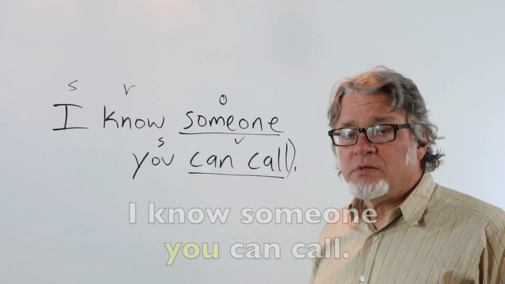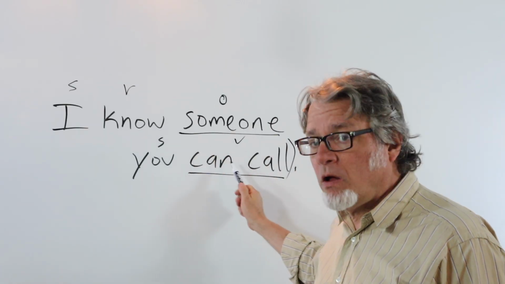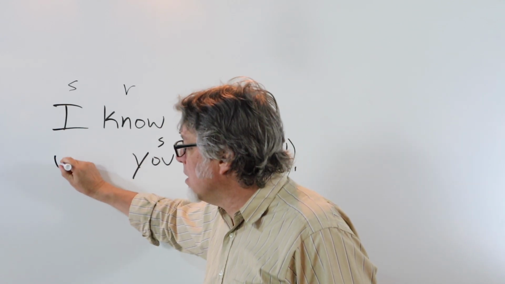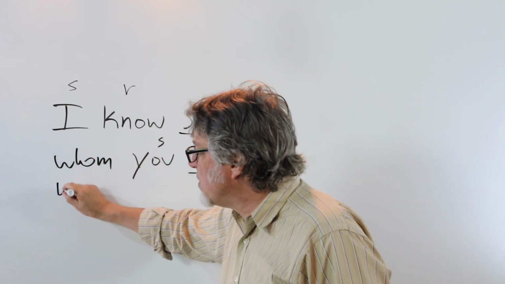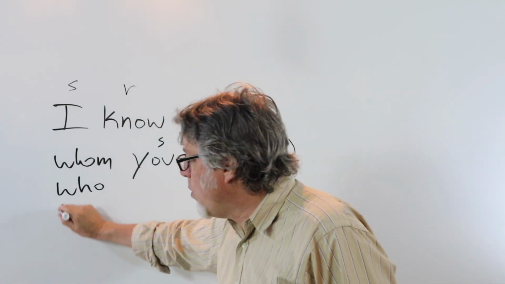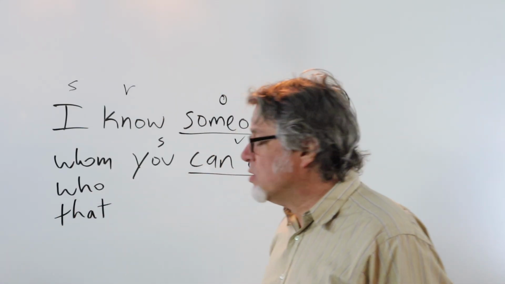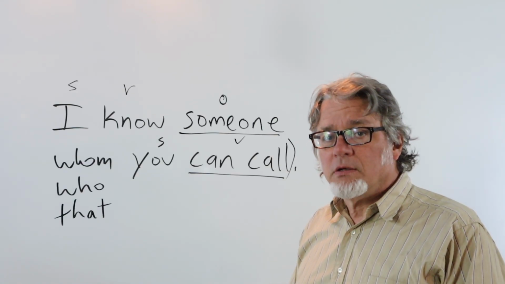All of these sentences sound pretty good. I know someone you can call. I know someone whom you can call. I know someone who you can call. I know someone that you can call. All of these sound good.